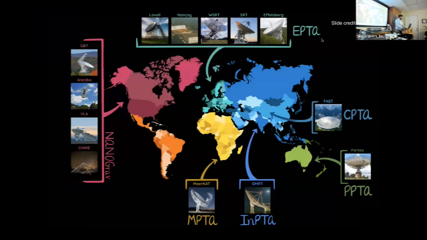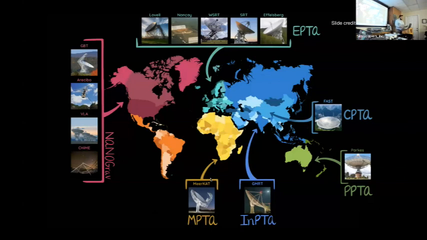There is the European pulsar timing array in Europe, the Chinese pulsar timing array in China, which uses the FAST telescope. There's the Parkes pulsar timing array, which is the Australian collaboration, the Indian pulsar timing array, and the MeerKAT pulsar timing array, which are both new pulsar timing arrays that have just started taking data in the last few years.